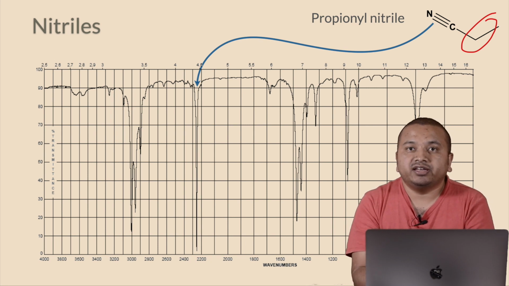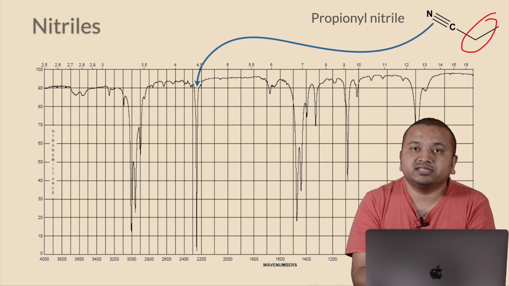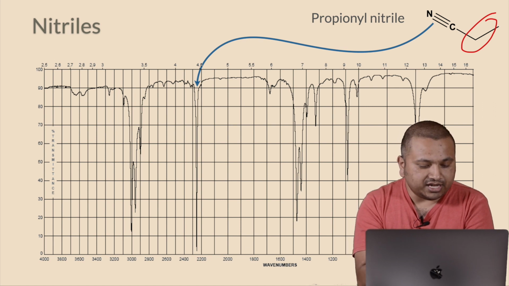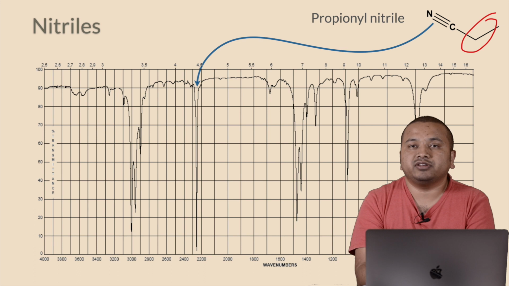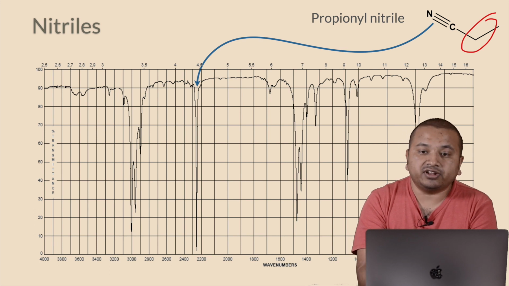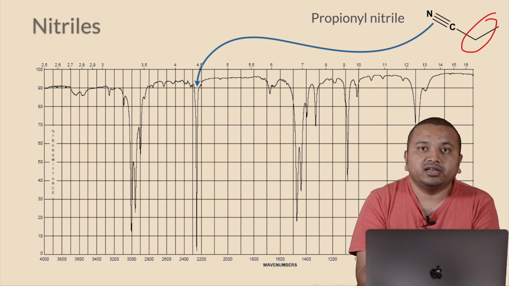We also have the derivatives of the carboxylic acids, and then we also have the amines, the primary amines, the secondary amines, which have peaks in these regions, and also the tertiary amines, which don't have that peak in that region. So this is how you identify the different functional groups using IR.